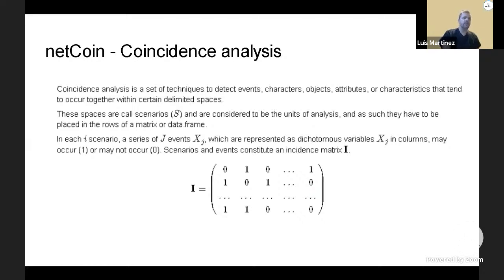Just a bit of background about what coincidence analysis is. It's a set of statistical techniques that allows you to detect the events or characteristic objects that tend to occur together in certain delimited spaces. For instance, those spaces we call scenarios, and those are the unit of our analysis. In each scenario, we can have a series of events that can occur or not.